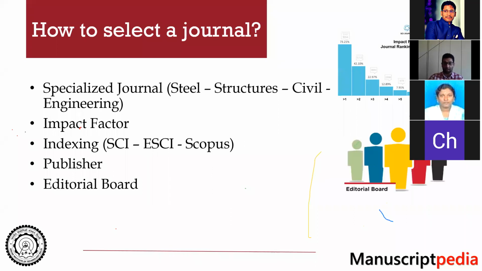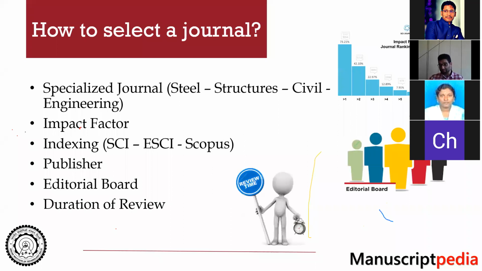The last but not the least, the duration of review. This is important for the authors. My papers are not going to fetch me any good if I submit it this year, it gets forwarded to the reviewers next year, and I get it accepted the year after. Good journals have a reasonable duration of review.